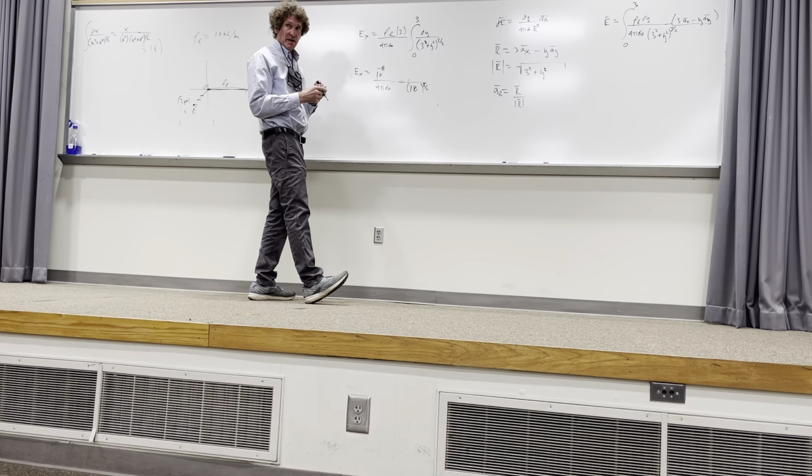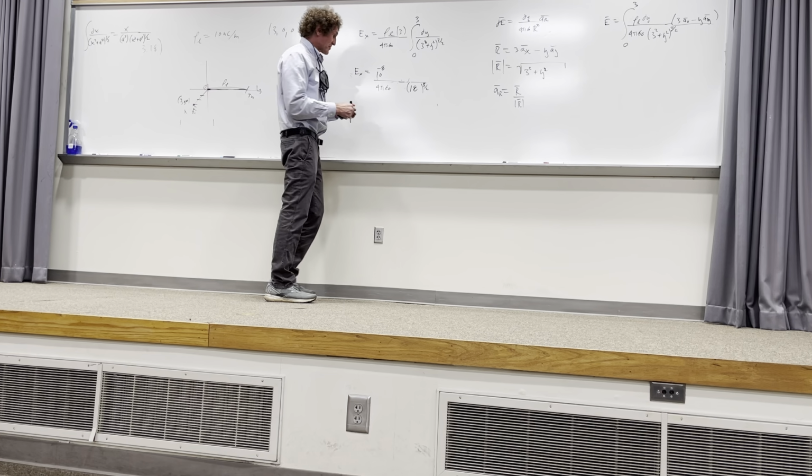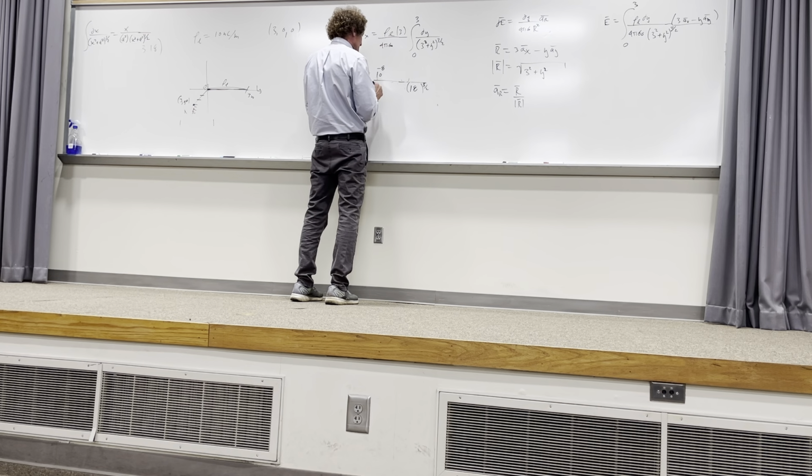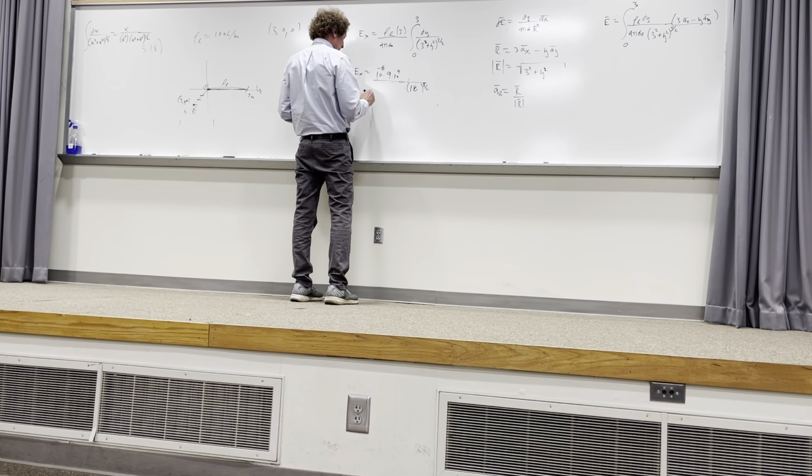Remember that constant k? Epsilon naught is what? 1 over 36 pi times 10 to the minus 9th, right? Try it. I think this will be a little easier. This is going to be times 9 times 10 to the 9. And so this should be the x component.